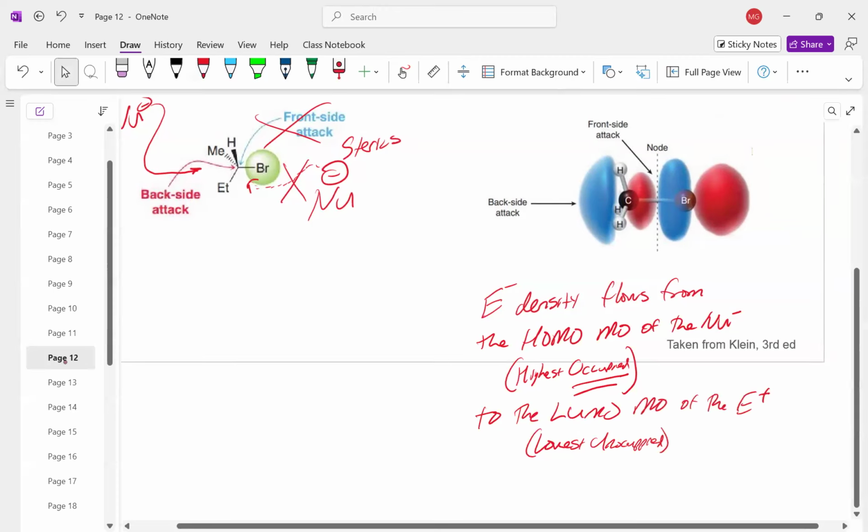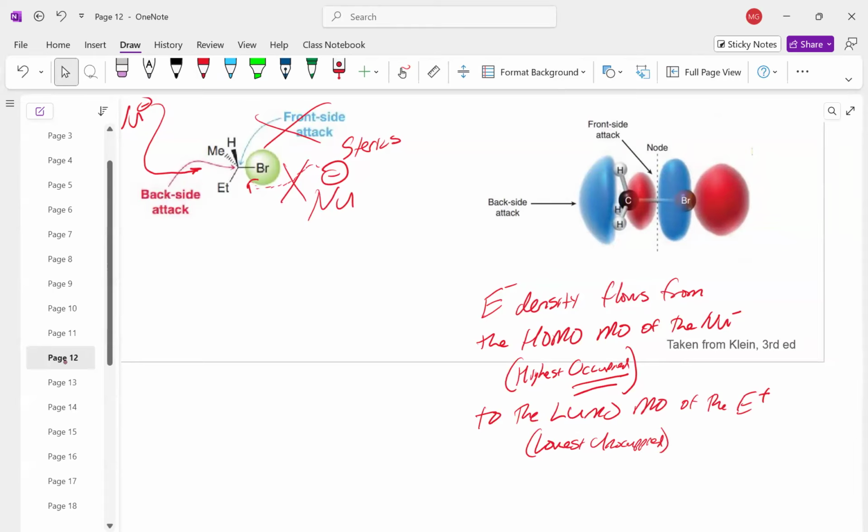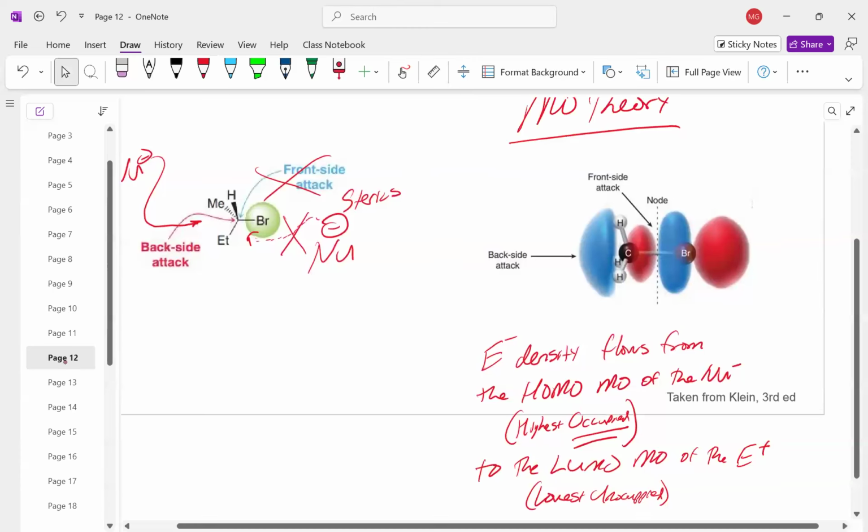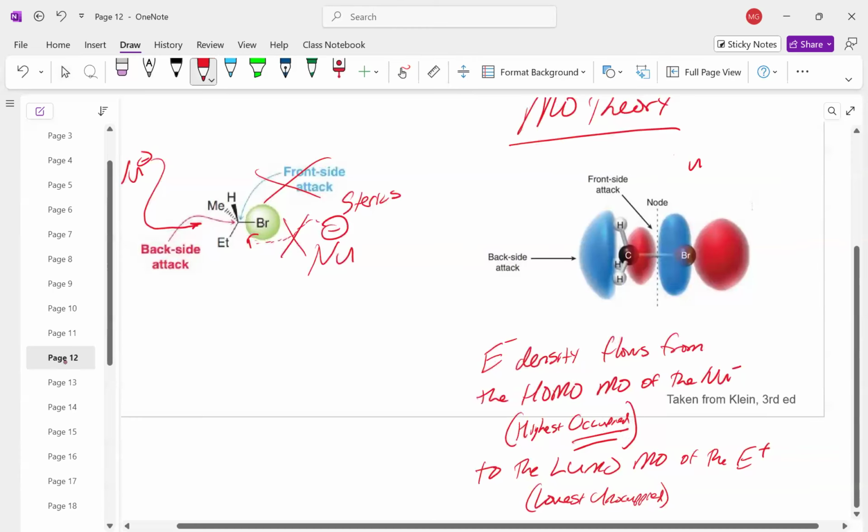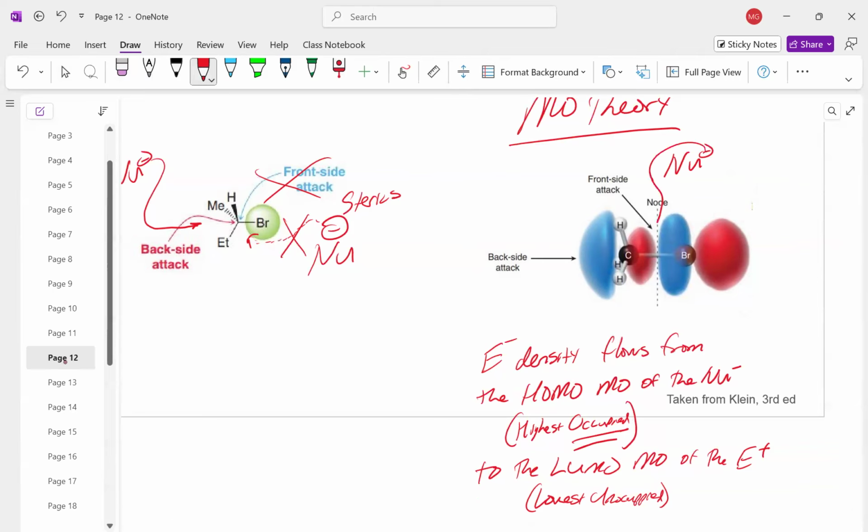So a nucleophile wants to attack an electrophile where that electron density is the greatest. You have something that has electrons in that highest occupied molecular orbital, and it wants to make a bond with that unoccupied molecular orbital. If a nucleophile tried to attack from the front, it actually would try to connect at what's called a node.